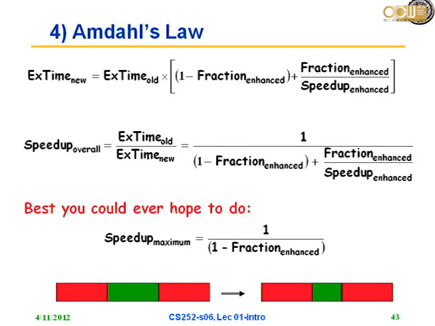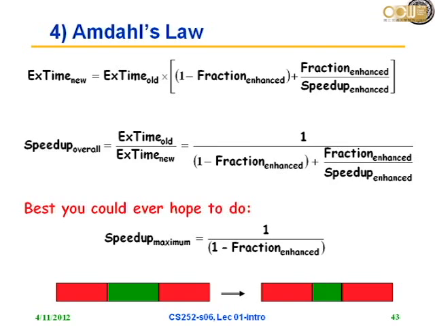Only the size of the green portion will shrink. So wherever you want to do improvement, expect to get performance improvement only within that portion. That's what Amdahl's law says.